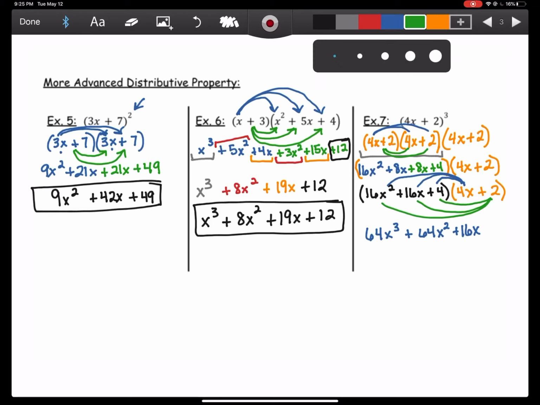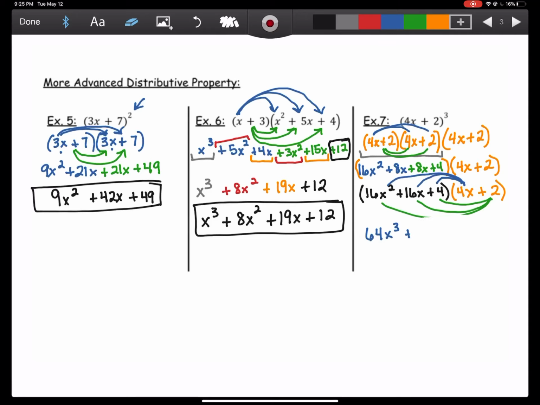Now we move on to the green. I might not be able to fit it, but we get 2 times 16x. Oh, it's definitely not going to fit. All right, let's try this again. Okay.